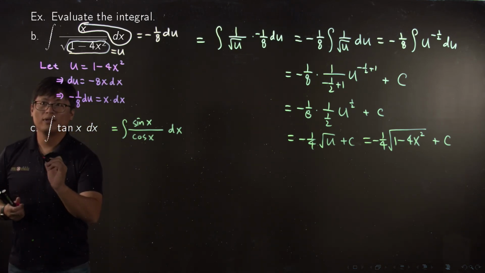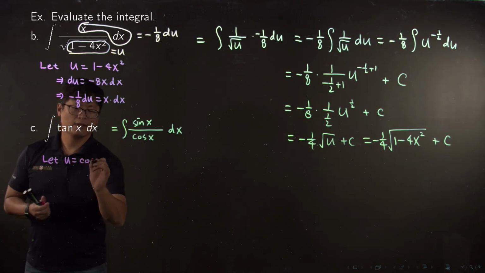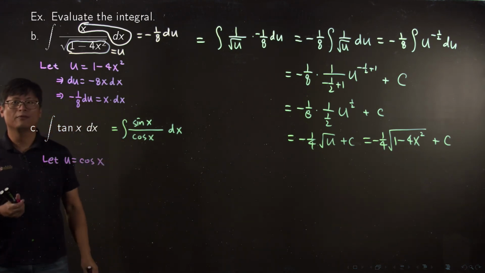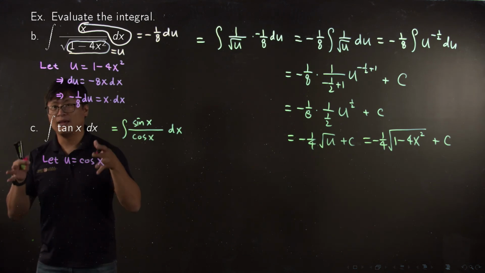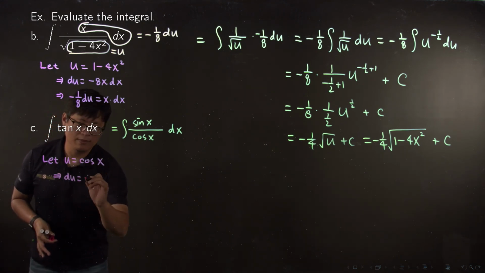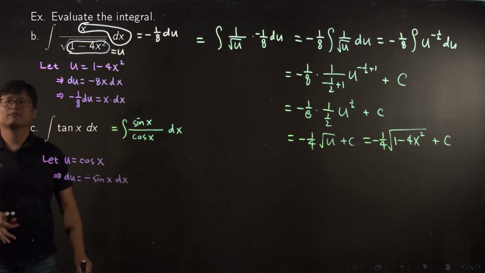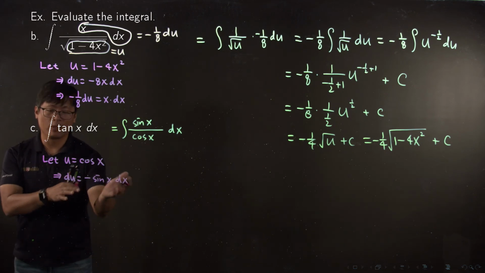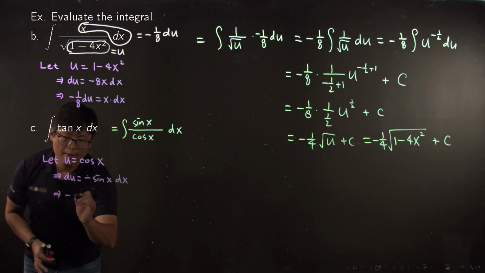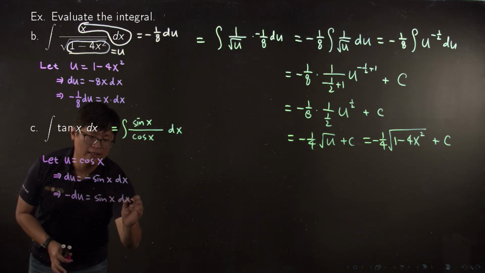So first of all, let me define your variable u as cosine x, which is the denominator, okay? The next step, same thing. Take the derivative, right? du is cosine prime, which is minus sine x dx. And let me multiply by negative, or divide by negative 1, on both sides. Then I can say minus du is sine x dx.